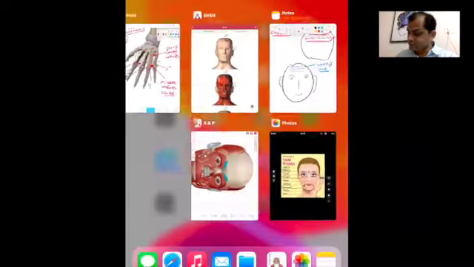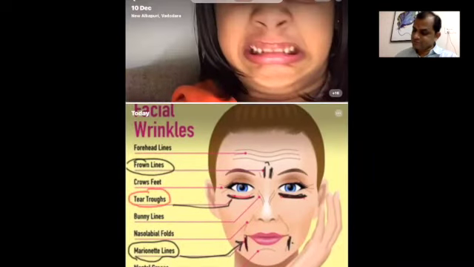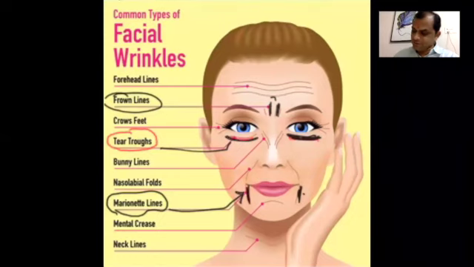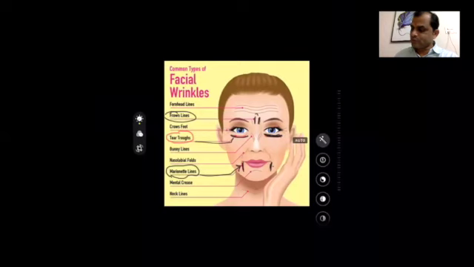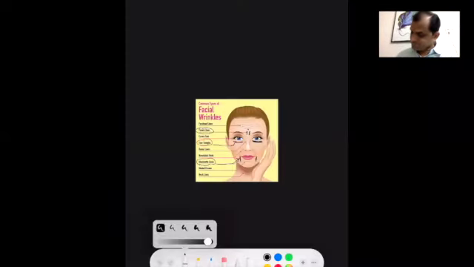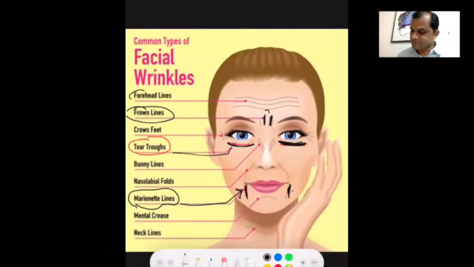So let's see here. In this image, we have given the other name and we have told these lines forehead lines.